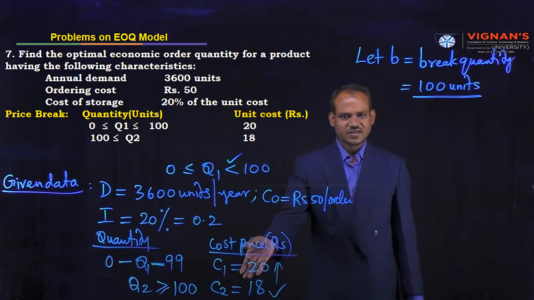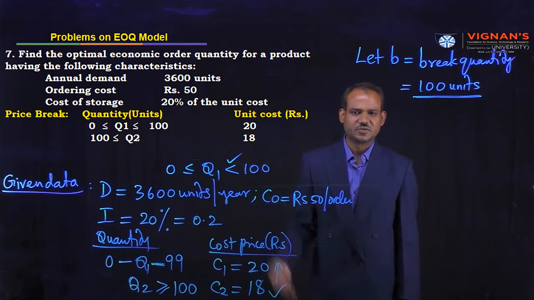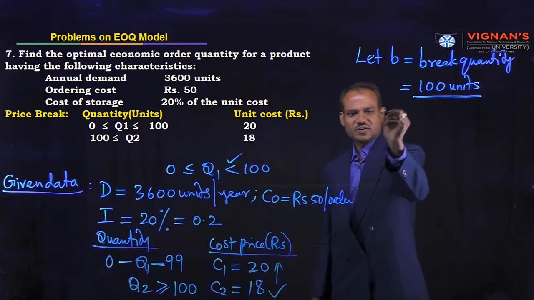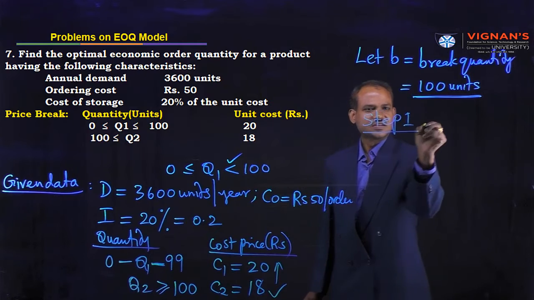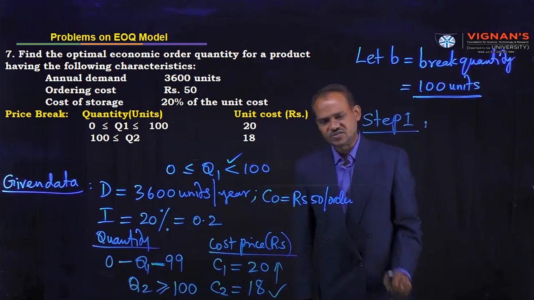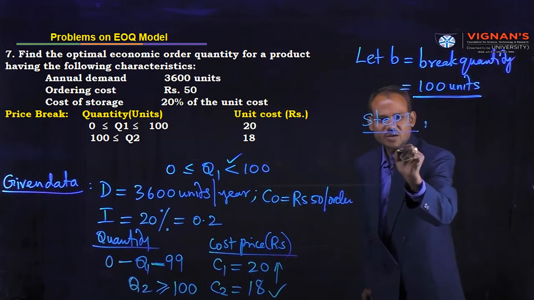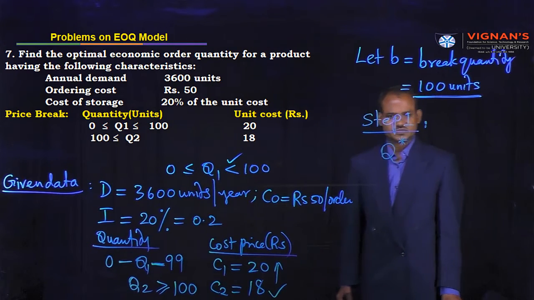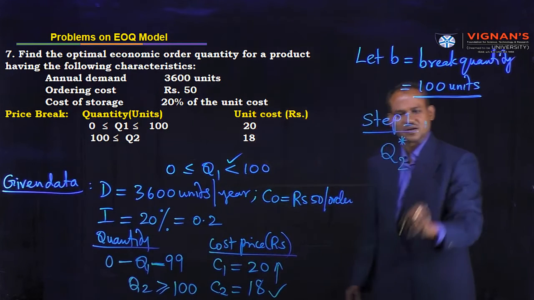Whether it may be a single price break or a 2 price break or 3 price break or multiple price breaks, every problem is the same. Therefore, step 1. When all units are purchased, calculate economic ordering quantity, the optimum economic order quantity. Star indicates optimum. So this quantity is Q2 star.